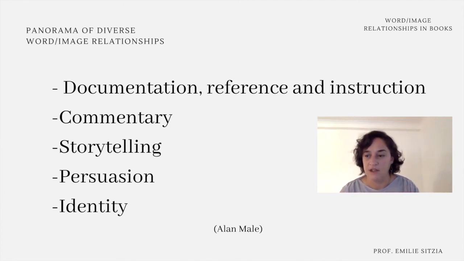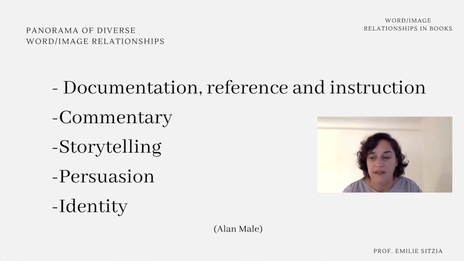So documentation, commentary, storytelling, persuasion. And when he talks about persuasion, what he's thinking mostly about is advertising, promotion. So he's thinking about posters, he's thinking about advertisement, he's thinking about, again, another type of illustration. And finally, he identifies a relationship of identity, so corporate branding, books, music, design.